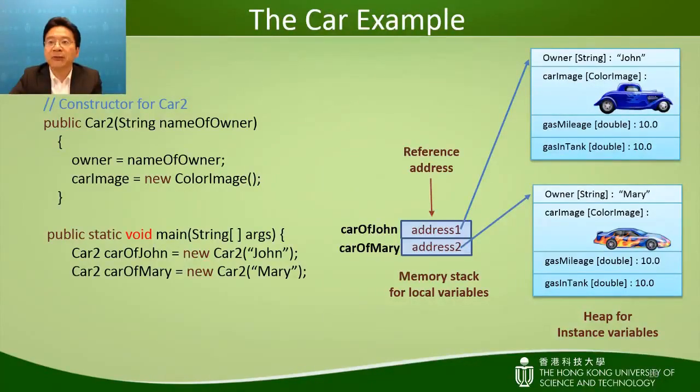So instead of storing information on the instance variables together with the primitive types, the storage allocated for reference types will store the reference address of where the instance variables are actually located.